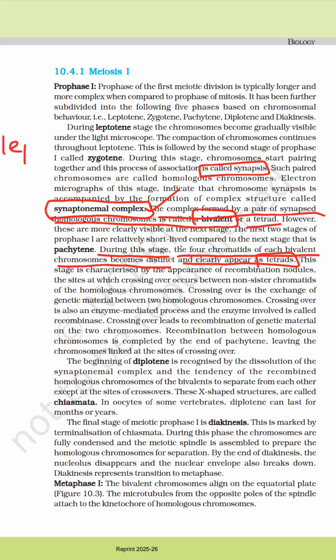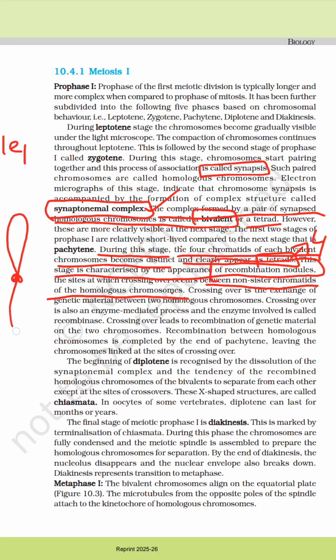Chromosomes condense and form the bivalent and show the tetrad. Tetra means 4 chromatids. This stage is characterized by the appearance of recombination nodules. When 2 chromosomes are pairing, recombination may appear. Crossing over takes place between non-sister chromatids of the homologous chromosomes.